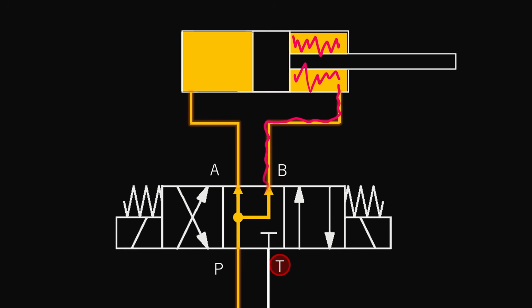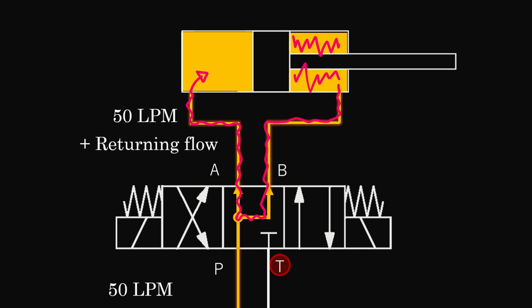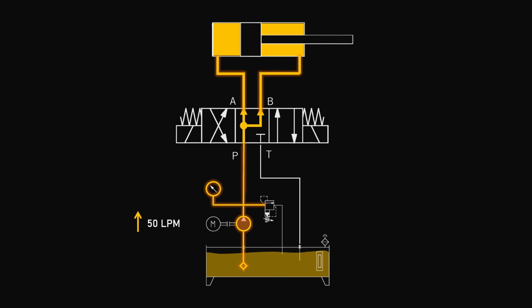So the oil coming from port B is redirected to cylinder port A. So now cylinder port A is receiving pump flow 50 rpm plus the returning flow from port B. So the total flow entering the piston side becomes much higher than the pump flow. So the cylinder moves much faster. This is called regenerative flow. And that's the main advantage of this valve, high speed during the approach stroke.